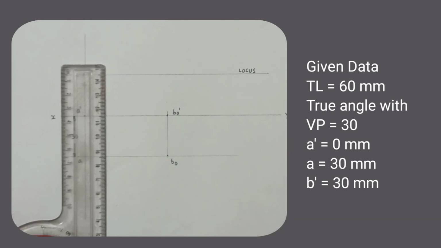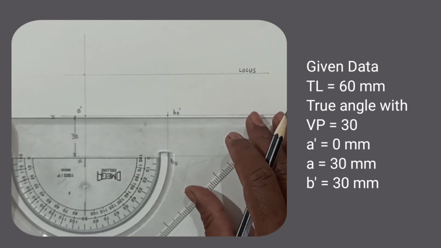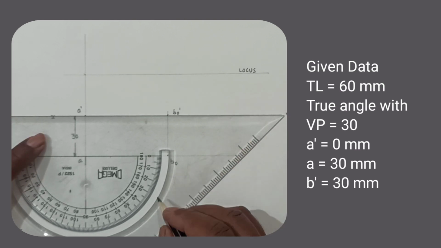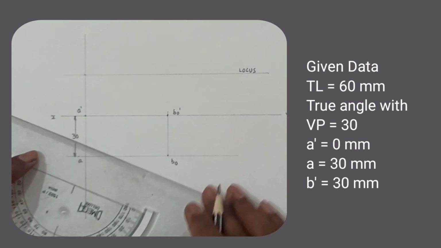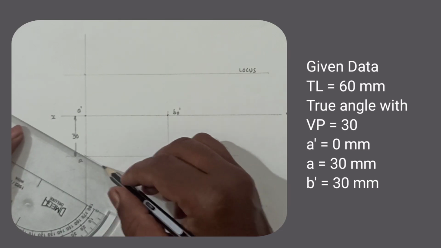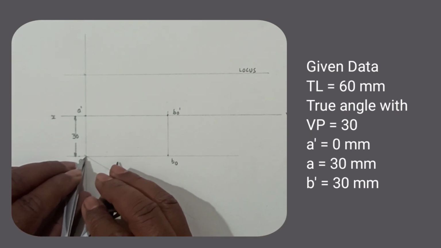Now draw the front view when the line is parallel to HP as well as VP. The front view is A B0 dash. Now set an angle of 30 degree, means the line is inclined to VP at 30 degree. So this line is of 60 mm, having an angle of 30 degree with XY.